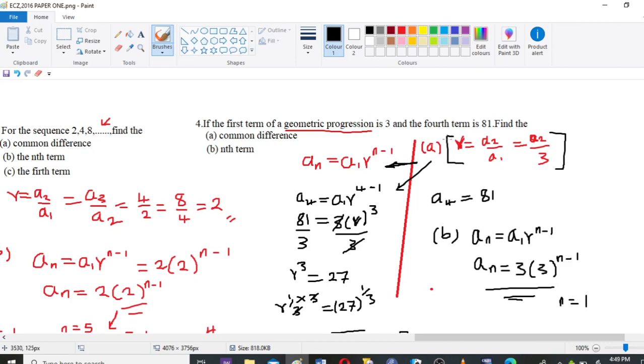If we say n is equal to 4, we should get 81: 4 minus 1 gives you 3, and 3 raised to the power 3 gives you 27, times 3 gives you 81. So this is how we calculate questions involving GP and AP.